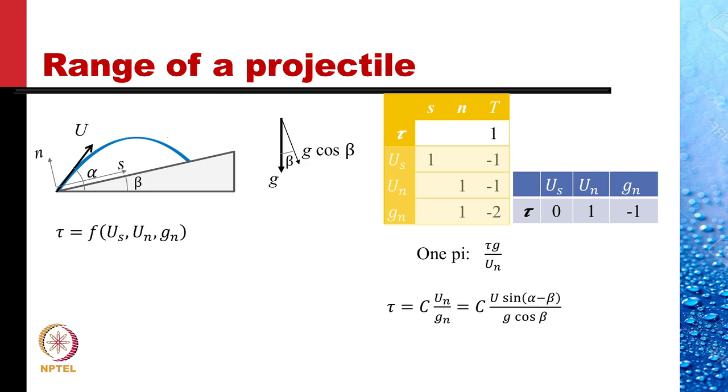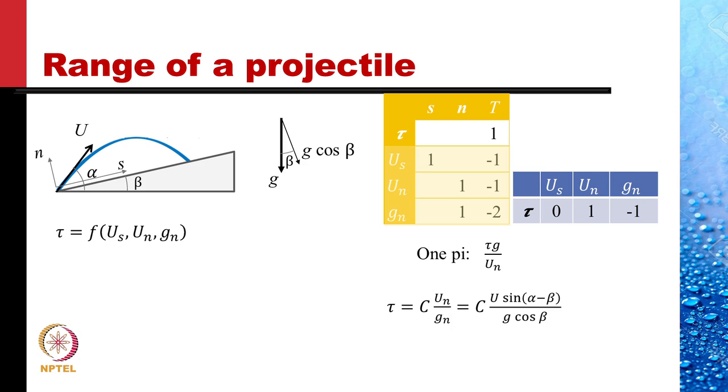And it depends upon the acceleration due to gravity in the normal direction. We construct the table with dimensions S, N, and T. US has a dimension S1 and T minus 1, UN has a dimension of N1 and T minus 1, and GN has a dimension of N1 and T minus 2.